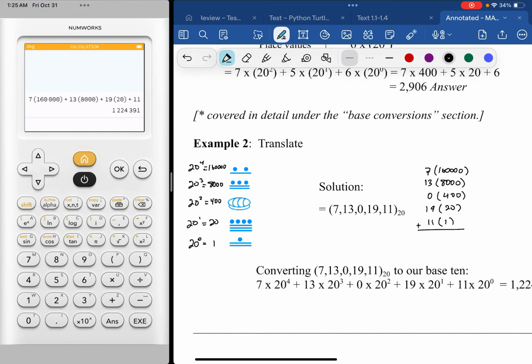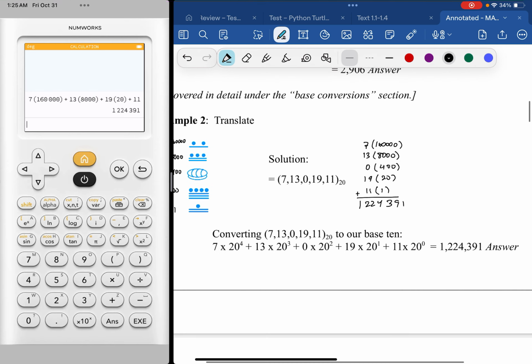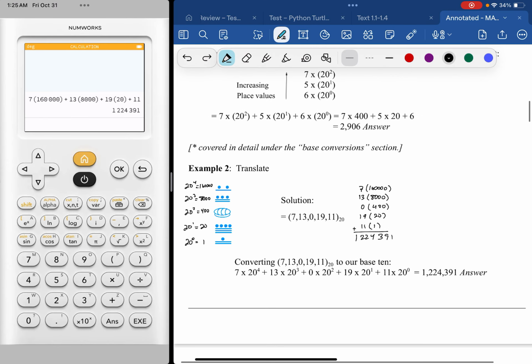And so we get 1,224,391, which is what we have here. All right. So now we're ready to tackle exercises 1, 4, 2.